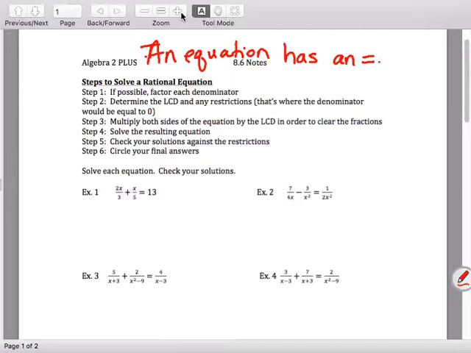Expressions do not. Up to this point, we have only been simplifying expressions. We've simplified them, we've multiplied them, we've divided them, we've added and subtracted rational expressions, but we have not solved them up to this point.